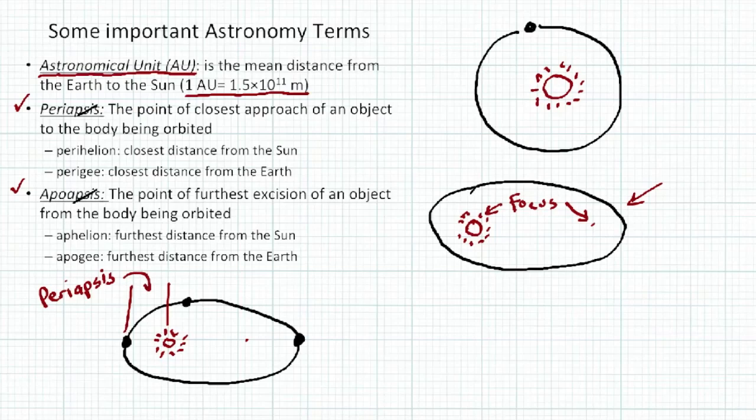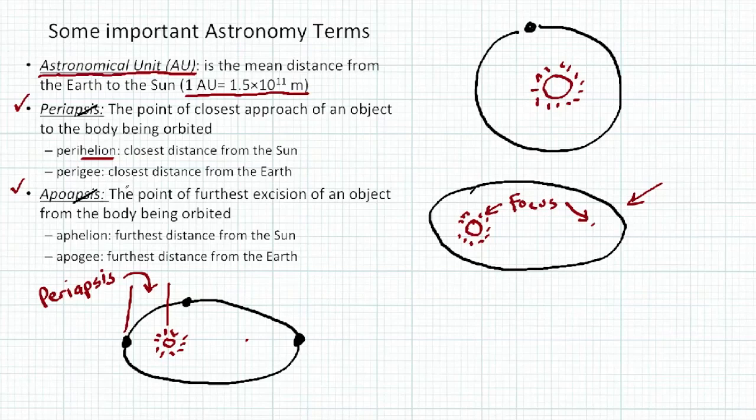The reason I told you to ignore the second part, the suffix, is because the suffix may change. For example, periapsis is kind of a generic term, but the Earth going around the Sun, we would really call this perihelion, because Helios was the god of the sun, and anything helion means sun-related.